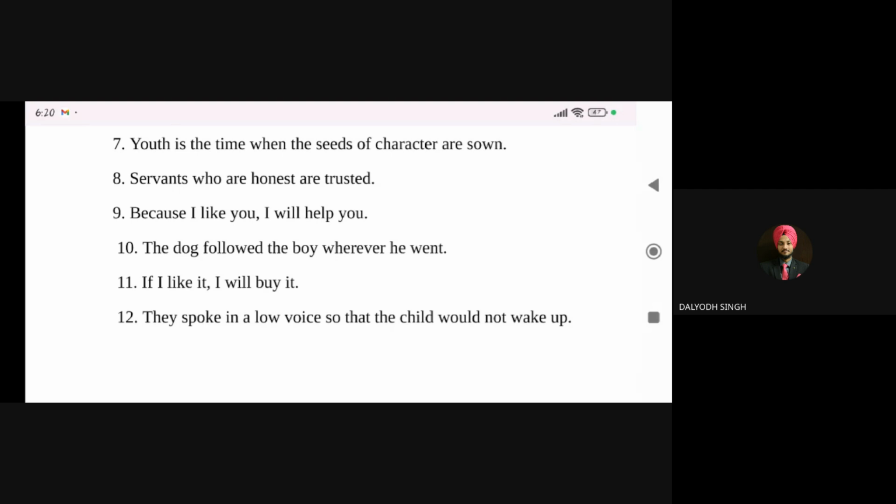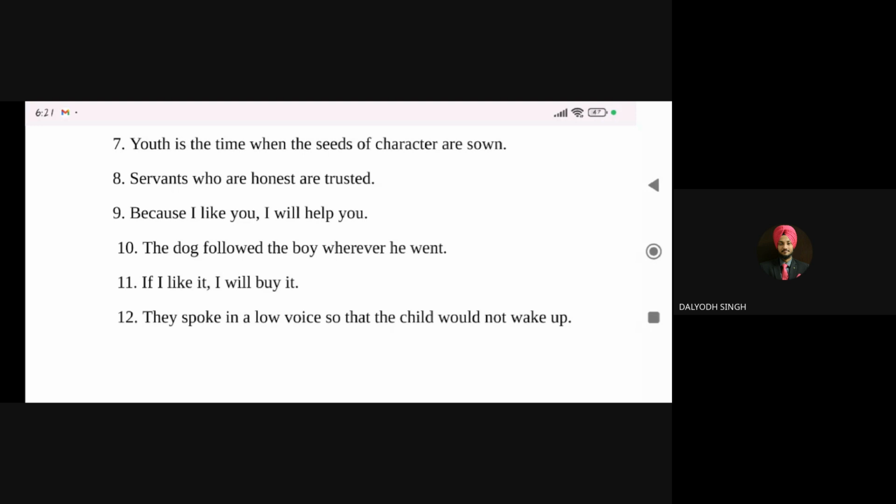Ma'am, why is it not a noun? Because place is a noun. No, but that is not given as such. The dog followed the boy wherever he went. It is telling you about the place of the action.